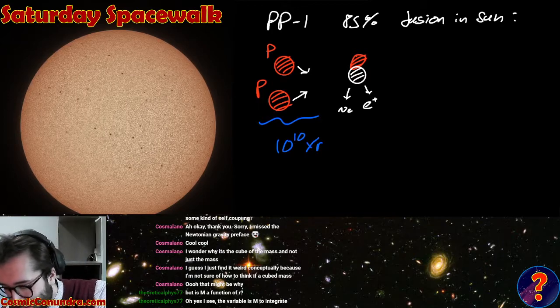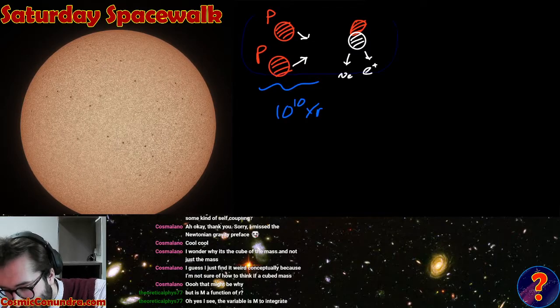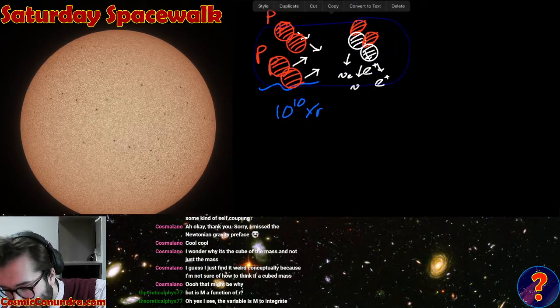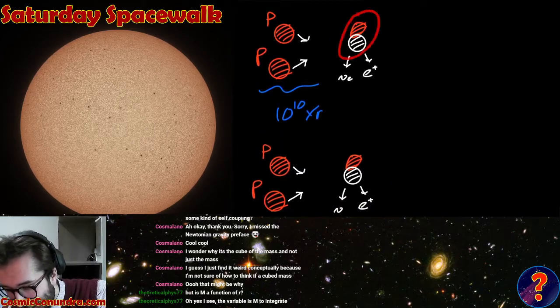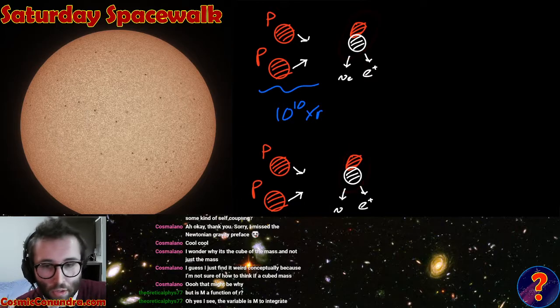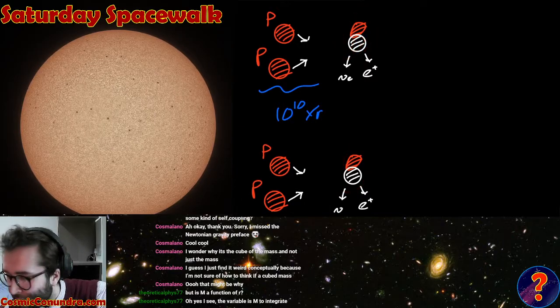Well, after this, or rather simultaneously to this happening for multiple protons, we now have two sets of these deuterium nuclei produced. Deuterium is a proton and a neutron together.